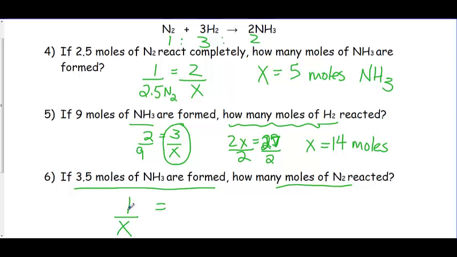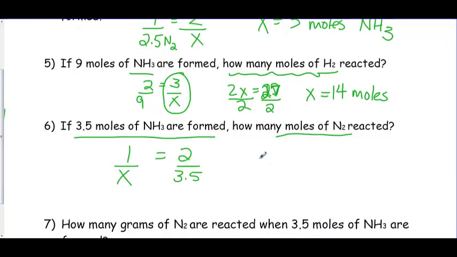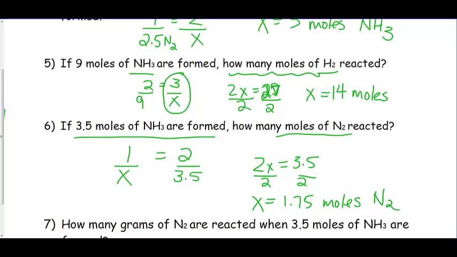So for every 1 mole of N2, we get 2 moles of NH3, and they're telling us that we have 3.5. So we're going to see how that changes, how much N2 we need. So it would be 2X equals 3.5, divided by 2. So X is going to equal 1.75 moles of N2.